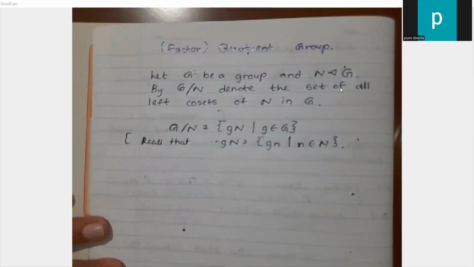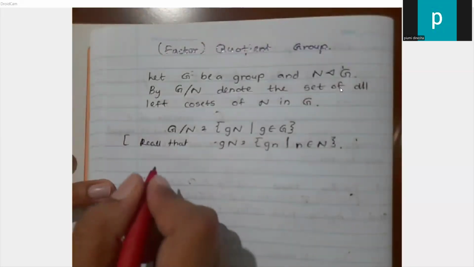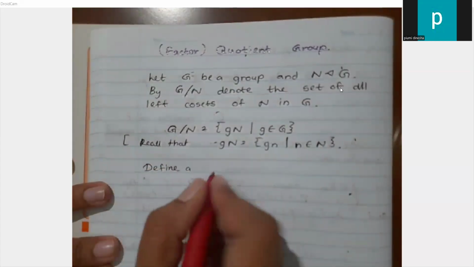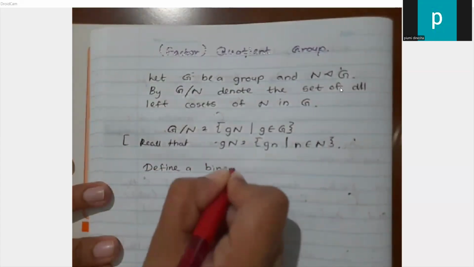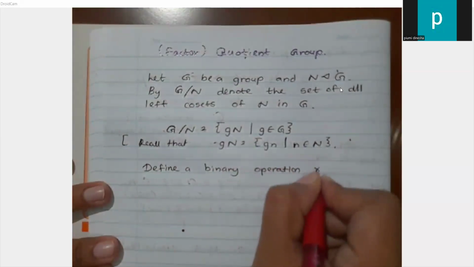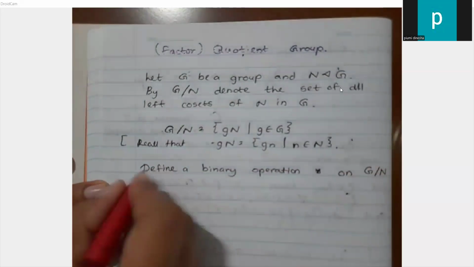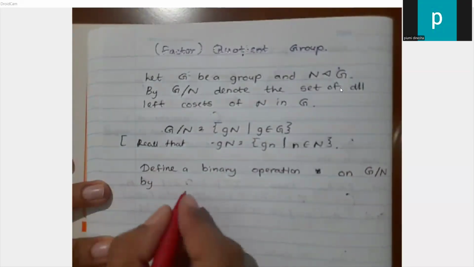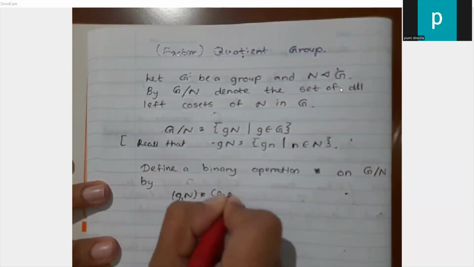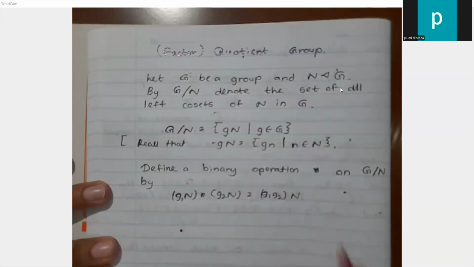Now we are going to define a binary operation on this set, which I will indicate by star for now. Define a binary operation star on G over N by taking two elements g1N star g2N to give you g1g2N.